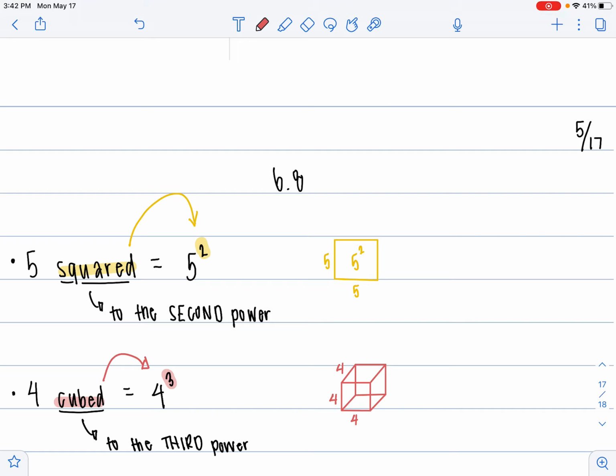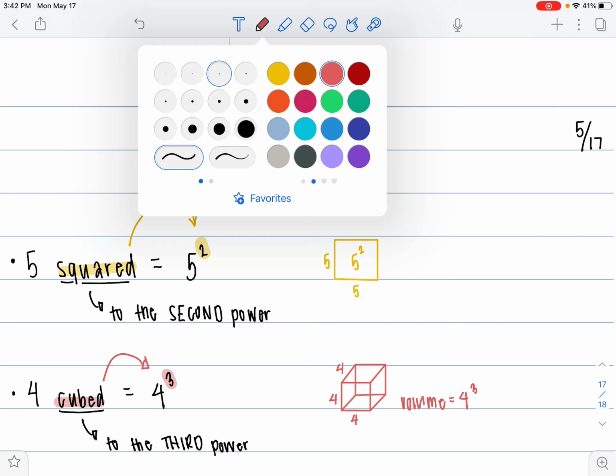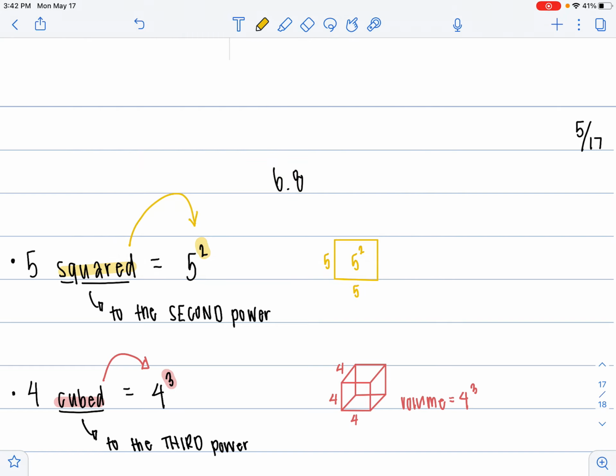The volume would equal 4 cubed, or 4 times 4 times 4, length times width times height. Just like in a square, the area equals 5 squared. And that's where those words squared and cubed come from.